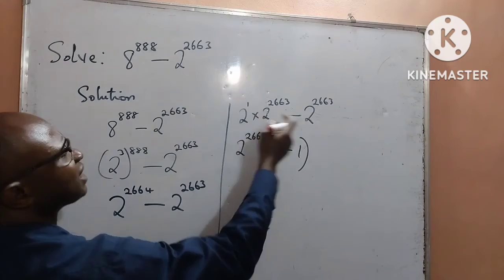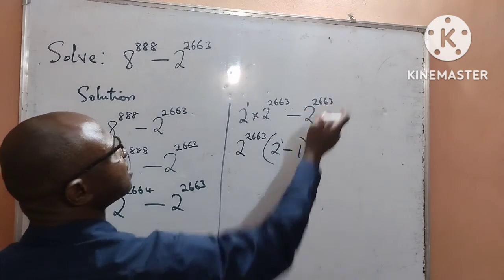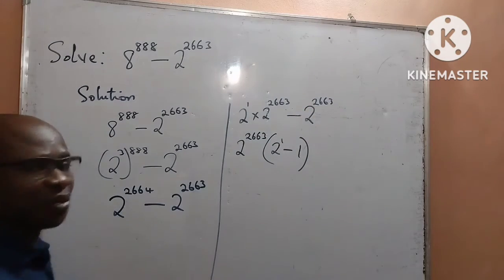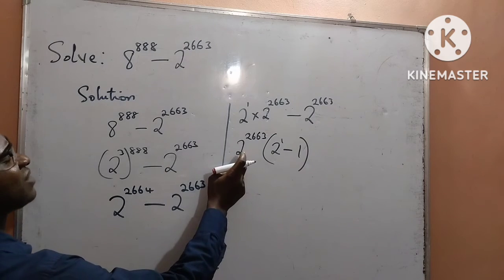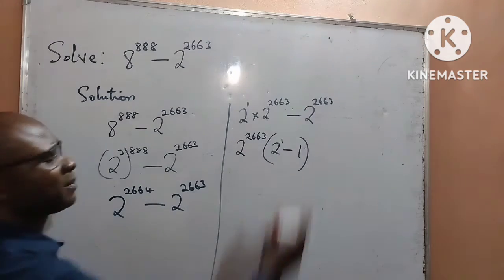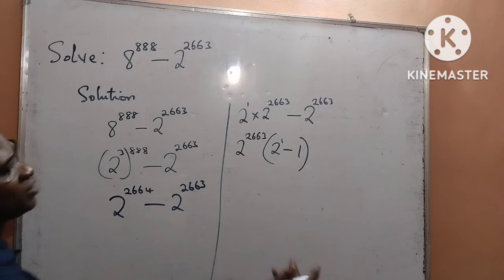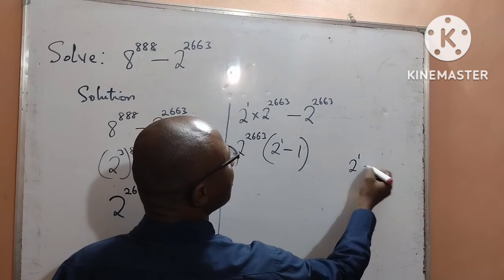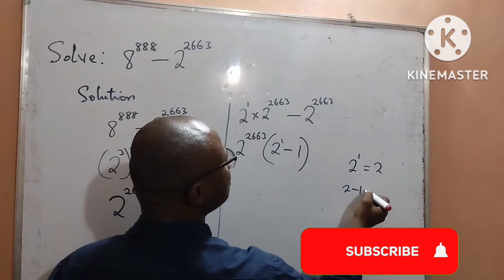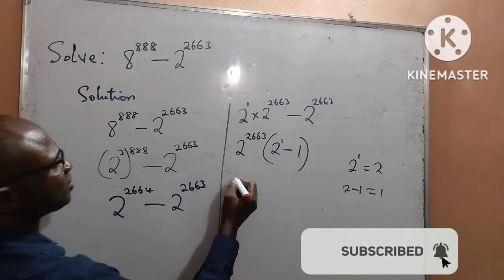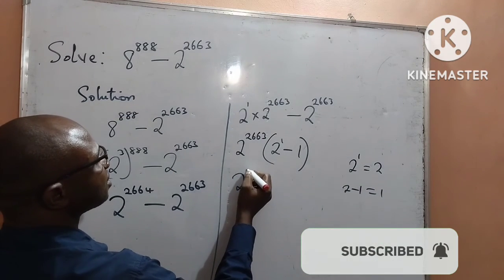Because when I factor out 2 to the power of 2663, what is left there should be 1, such that when I use this outside the bracket to multiply 1, I get back what I have. So eventually you can see that 2 to the power of 1 is the same thing as 2, and 2 minus 1 is 1.